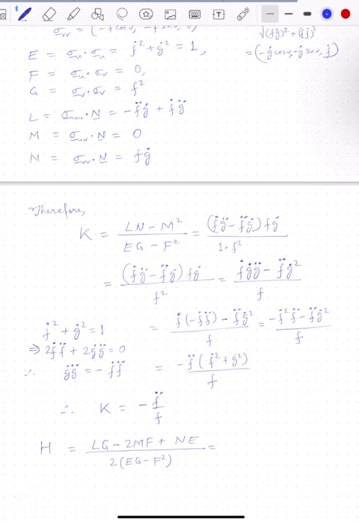So Lg is f squared and then f dot g double dot minus f double dot g dot, right, minus 2mf. So both these are zeros, plus nE. nE is just plus f g dot divided by 2 into Eg, which is just 2f squared.